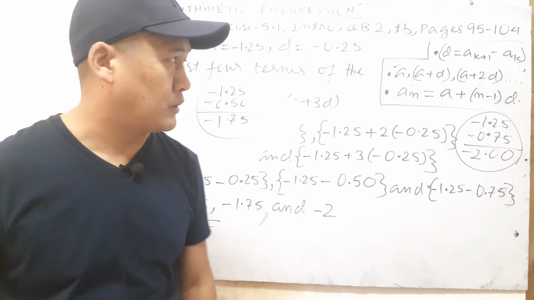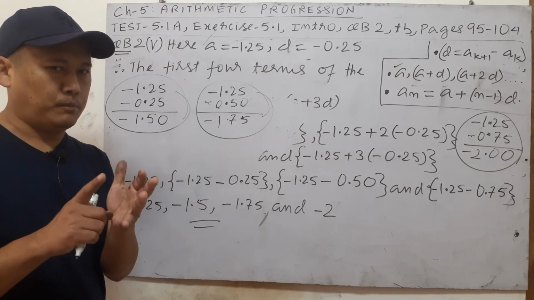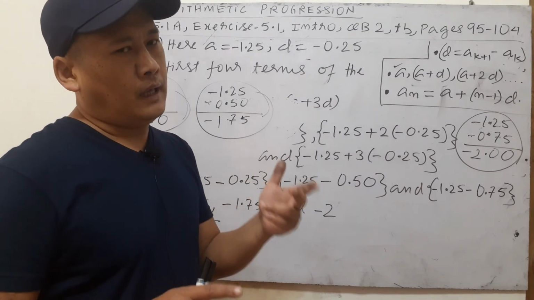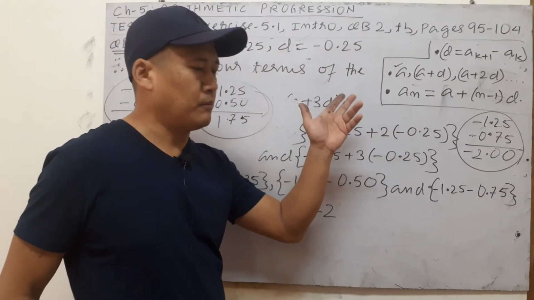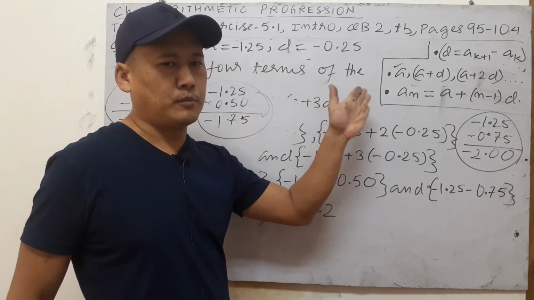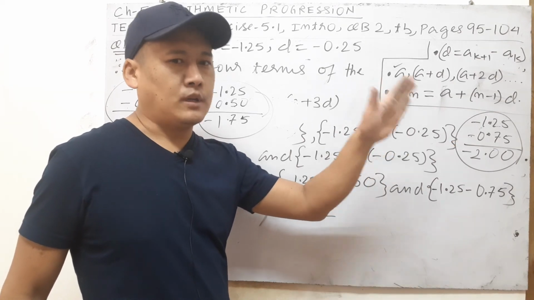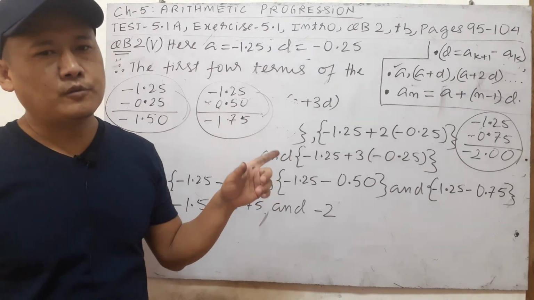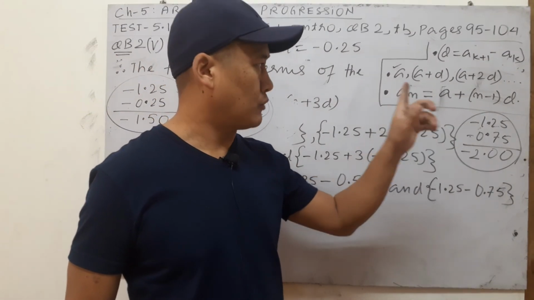Again, d, the common difference, can be found out as a_(k+1) minus a_k.